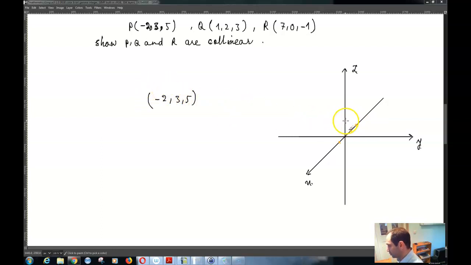Let me first tell you the process that you need to go through, and then if it's necessary I will explain a few things about other things as well. So of course you want to go -2 units along the x-axis, then you want to go 3 units along the y-axis.